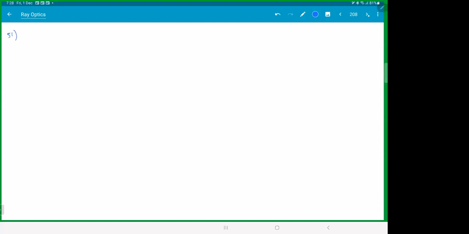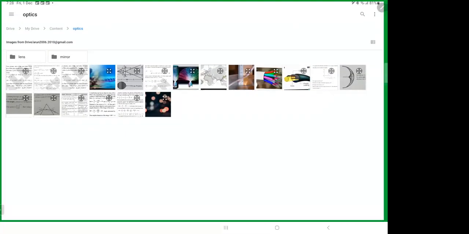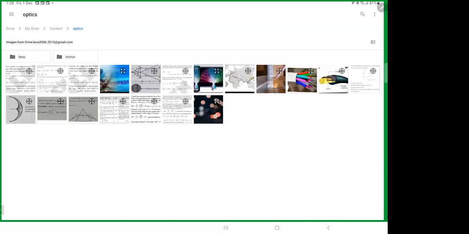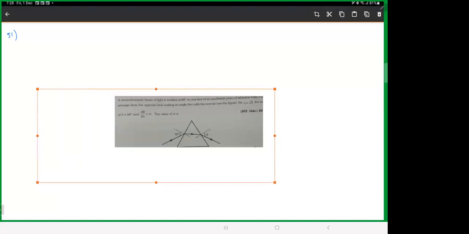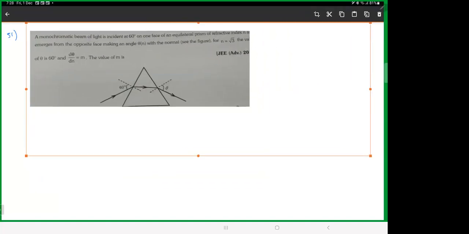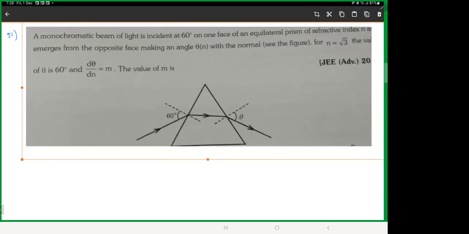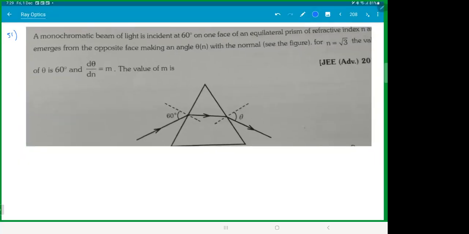Next one. This was actually an advanced question, I don't remember the year. You know the meaning of monochromatic? Single wavelength. An equilateral prism of refractive index n emerges the light from the opposite face, making an angle theta of n.